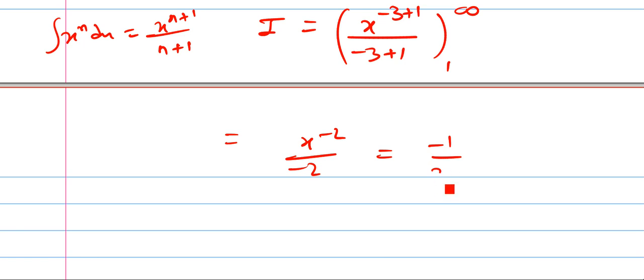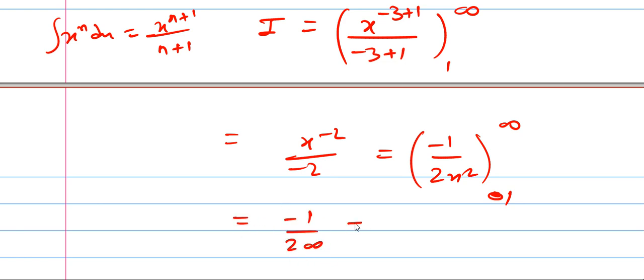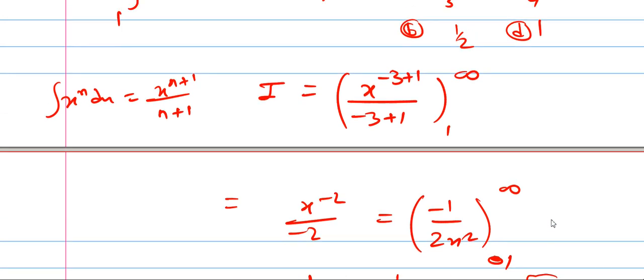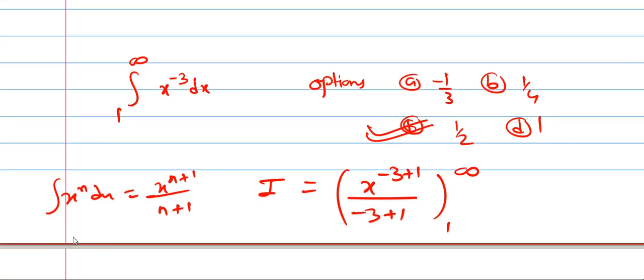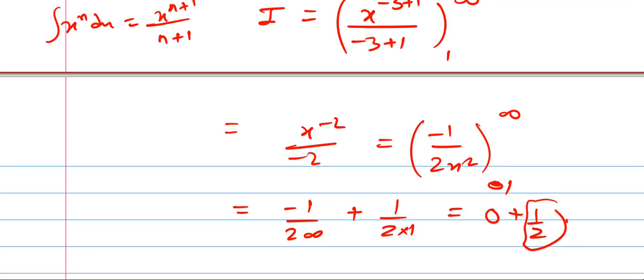That means minus 1 by 2x square. Limits are 1 to infinity. Substitute the limits. So minus 1 by 2 infinity plus 1 by 2 into 1. Upper limit minus lower limit. So 1 by infinity is 0 plus 1 by 2. So the correct answer for this integration is 1 by 2. Thank you.